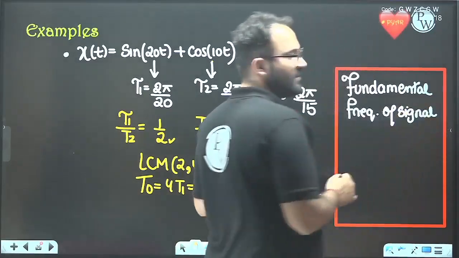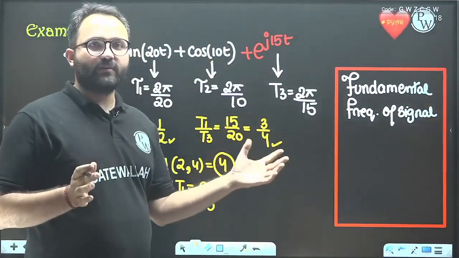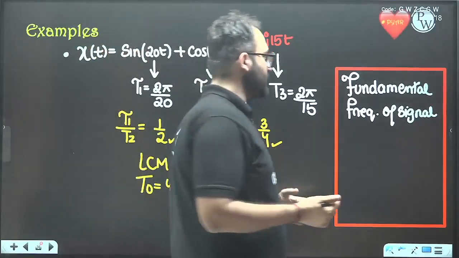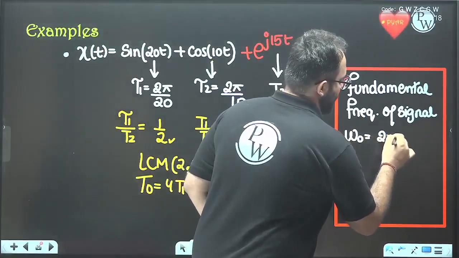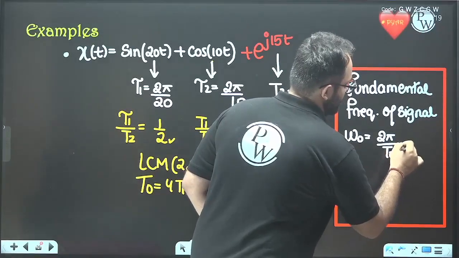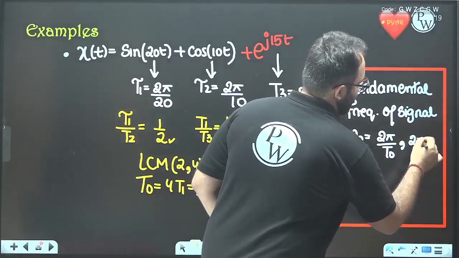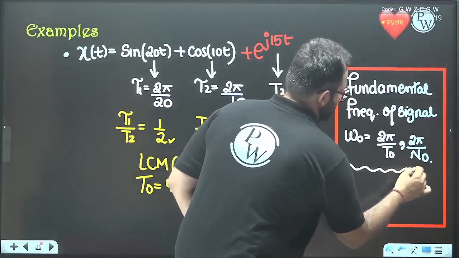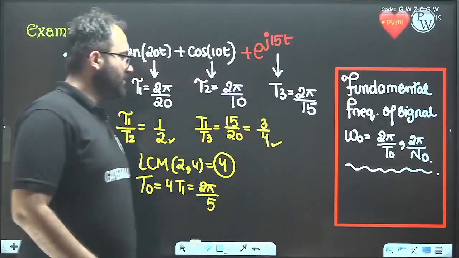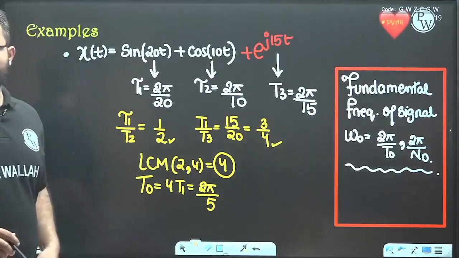So what is the fundamental frequency of a signal? Fundamental frequency of a signal is 2 pi by time period, 2 pi by N naught. Great. So this is the period of the signal. I hope all of you are able to do it.